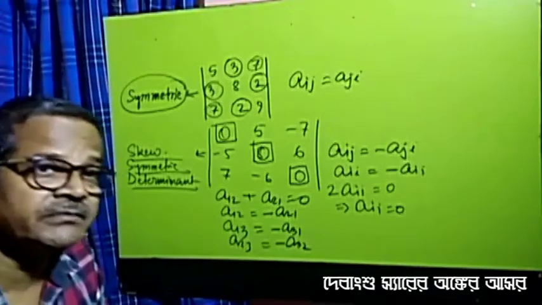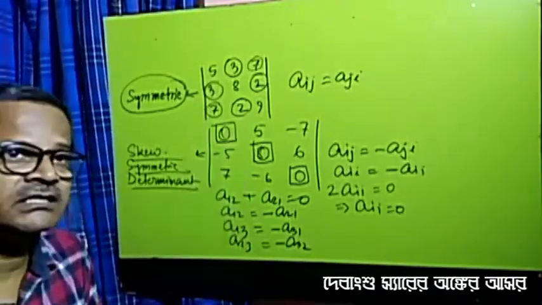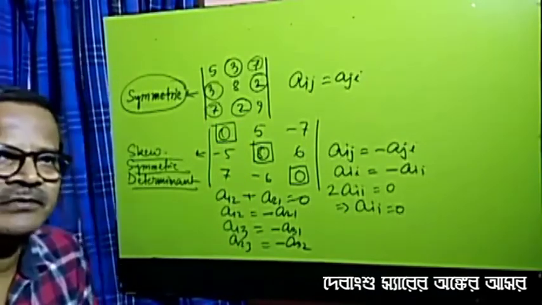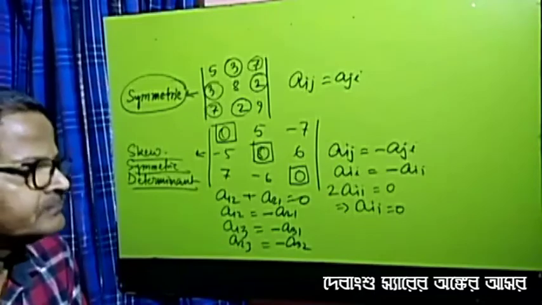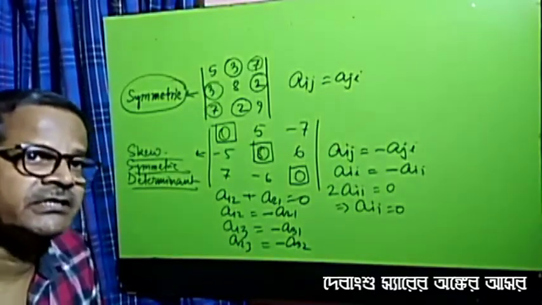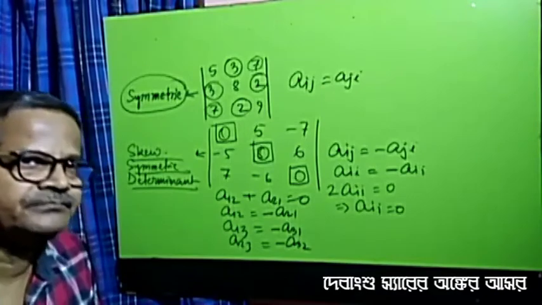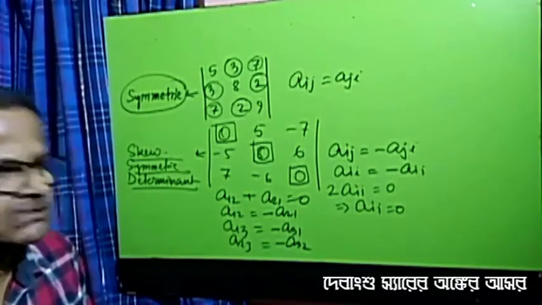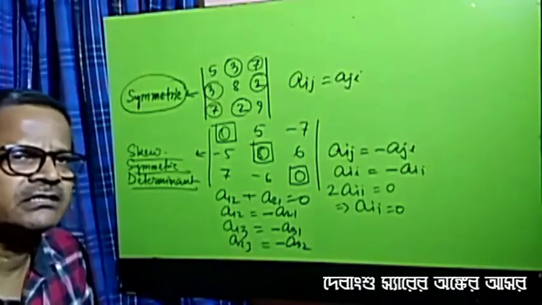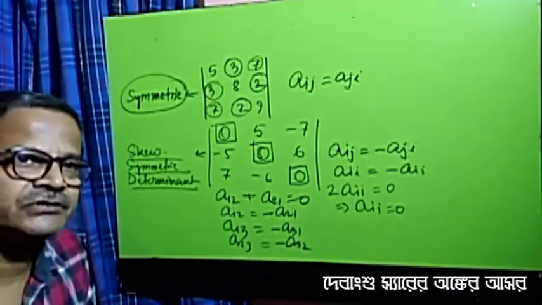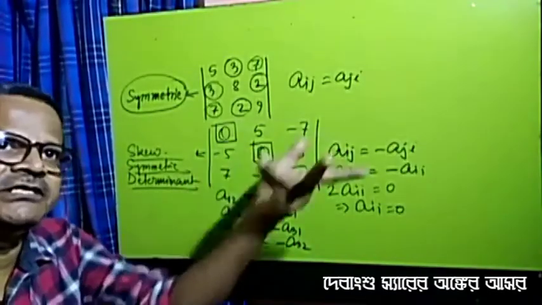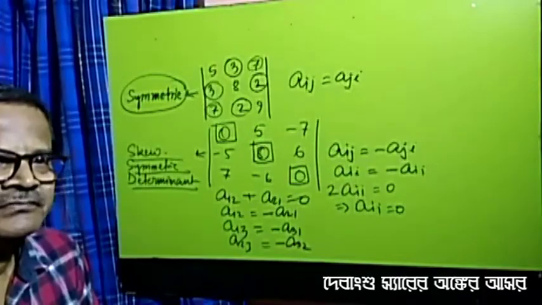A skew symmetric determinant has 2 other very important and interesting properties. What are they? The value of a skew symmetric determinant of odd order, first order, third order, fifth order, seventh order, 19th order, 99th order, is always 0.